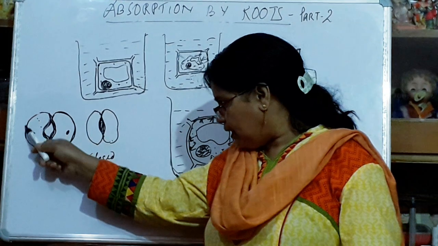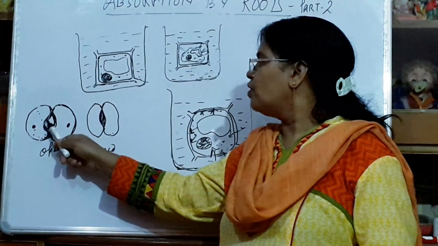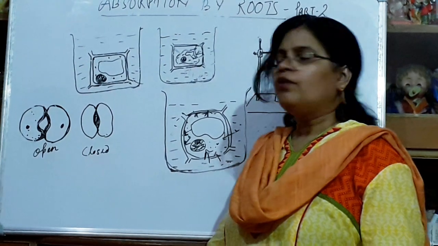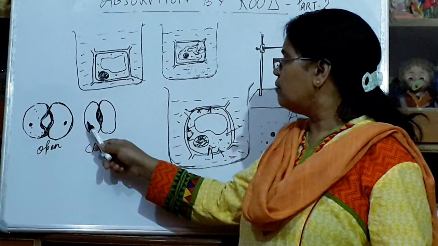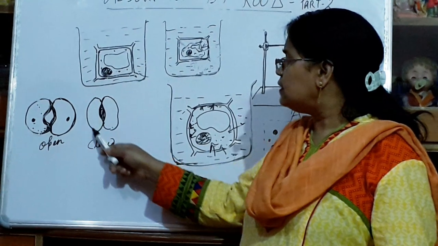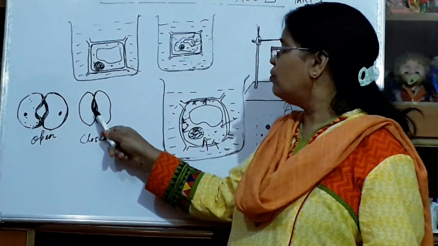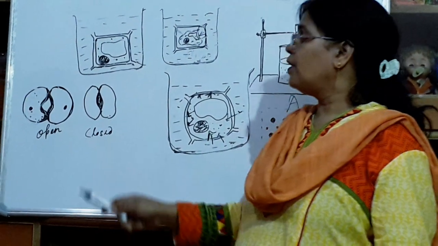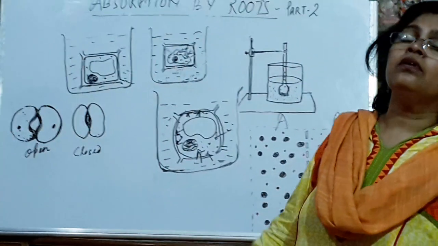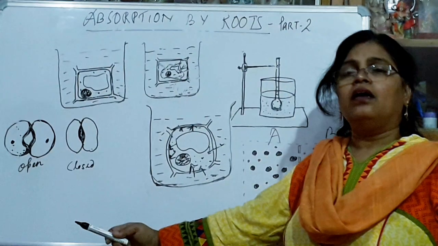That's why it bends outwardly, and such bending causes the opening of the stomata. When the cells lose water they become flaccid, and this flaccid cell gets straight, due to which the stomatal pore becomes closed. So the opening and closing of stomata is also due to turgor pressure.